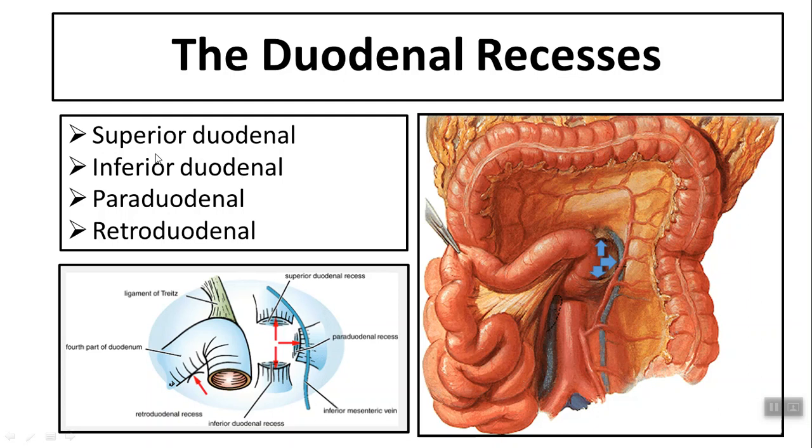These recesses can be called superior duodenal, inferior duodenal, paraduodenal, and another one called retroduodenal. They are formed near the junction of the duodenum with the beginning of the jejunum, the duodenojejunal junction.